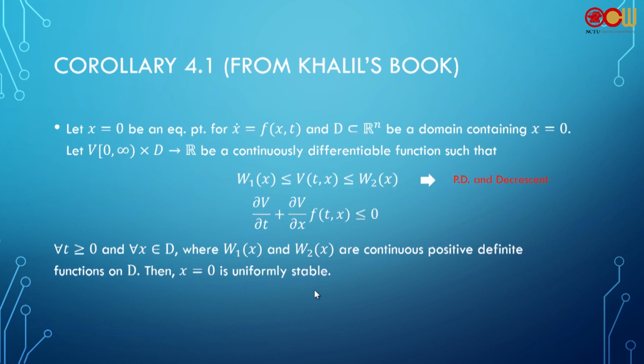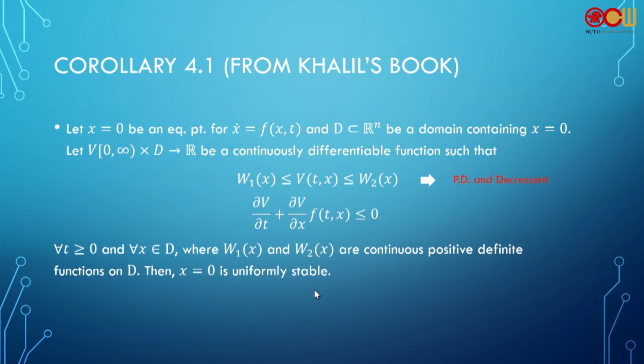So the first step to prove the stability is you need to find the Lyapunov function that is lower bounded by a PD function and upper bounded by a decreasing function. Okay, we have to satisfy both conditions. Then you can say it's qualified to be the Lyapunov function in the first step. Then you substitute dynamics and try to see if this condition holds. Then you can say it's uniformly stable.